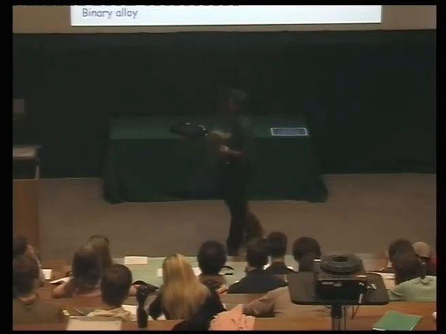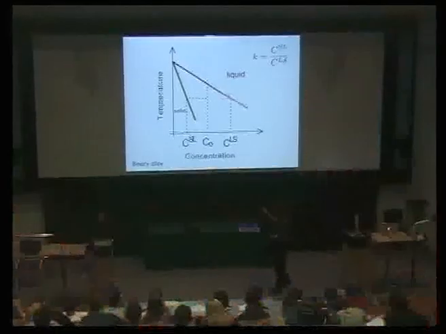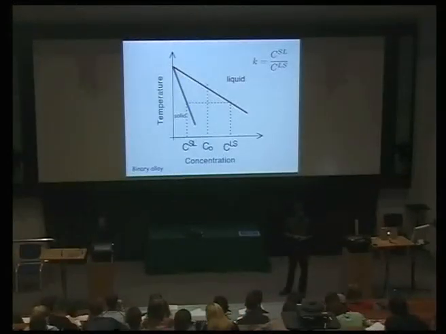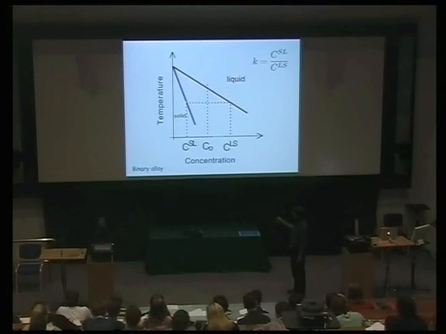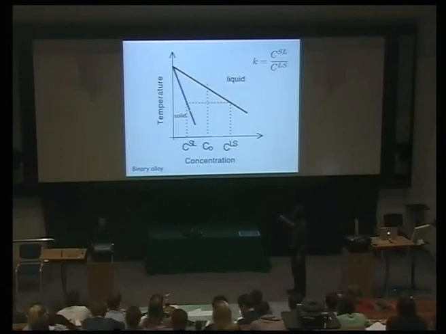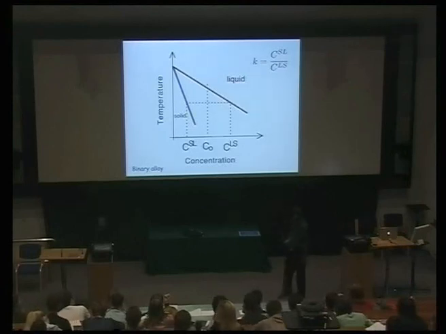Okay? So do you remember that this is called a tie line of a phase diagram? Okay? So it just connects the equilibrium compositions of the 2 phases. So as I take my material from liquid and I cool it, at any given temperature, I have the phase diagram giving me the composition of the solid that forms and the composition of the liquid that forms. If I cool further, then the composition of the solid moves down this phase boundary and that of the liquid down this phase boundary.